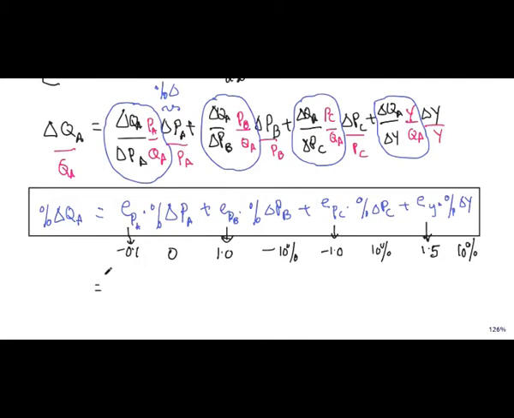So it basically means if I use the formula, I will say minus 0.1 into 0, plus 1.0 into minus 0.1, 10%, minus 1.0 into 0.1, plus 1.5 into 0.1.